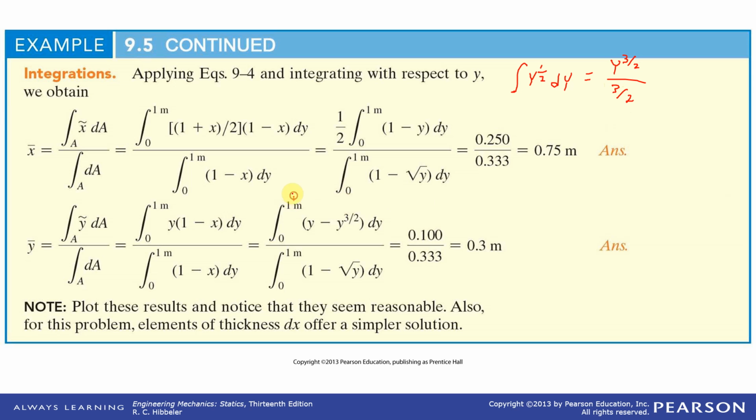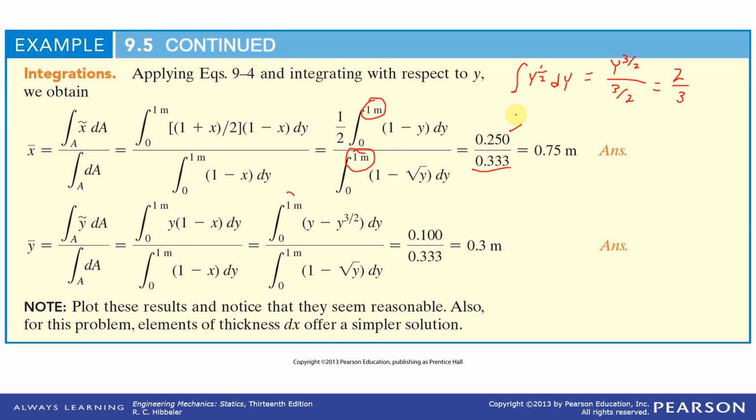Now, for the limits of integration going up to 1, I'm looking at the bottom now. Okay, 2/3. 1 minus 2/3 is 1/3. So this integral evaluates to 1/3 and 1/4.